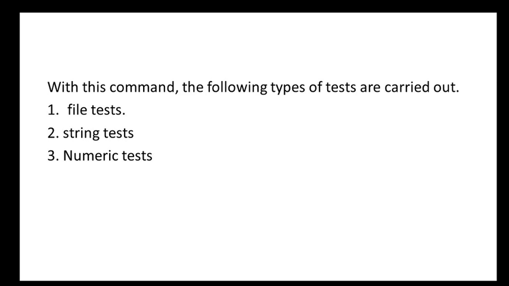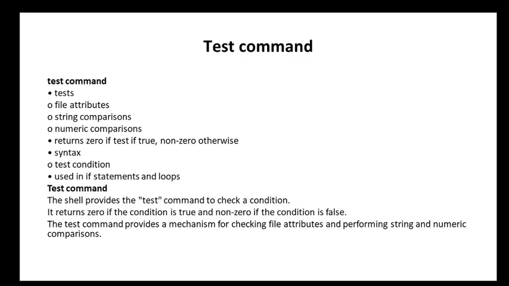With this command, three types of tests can be carried out: file test, string test, and numeric test. The test command tests file attributes, string comparison, and numeric comparison, and it returns 0 if the test is true and non-zero otherwise.